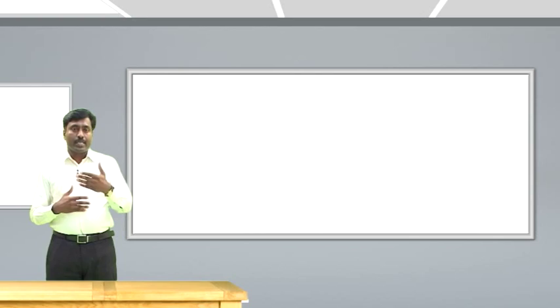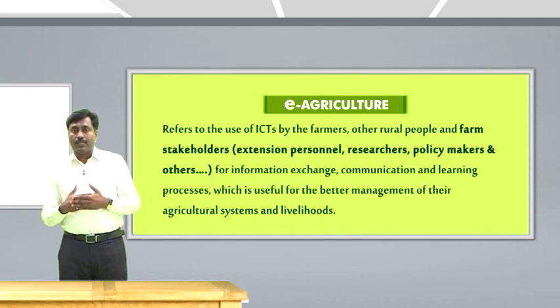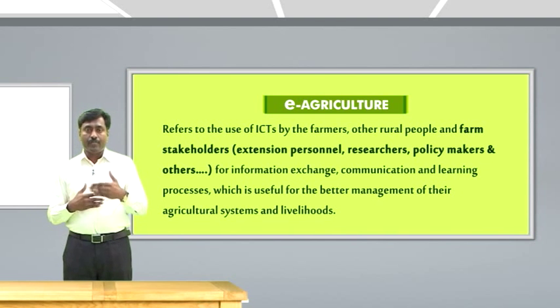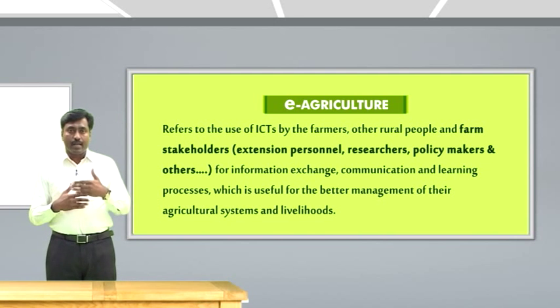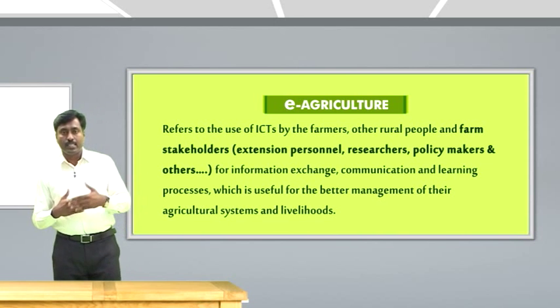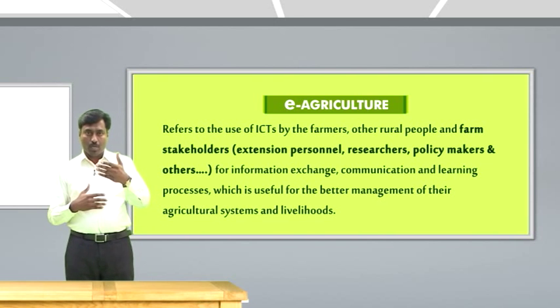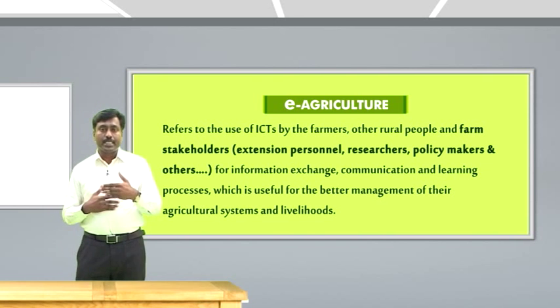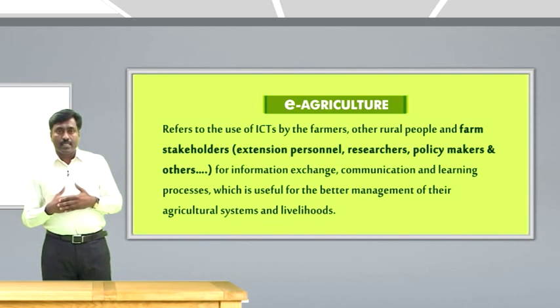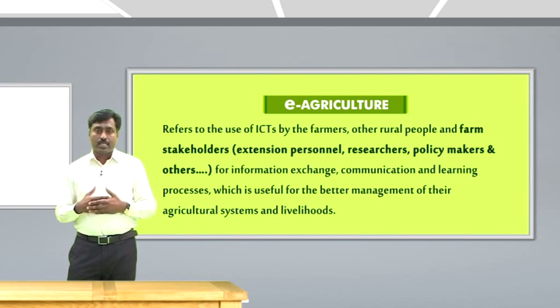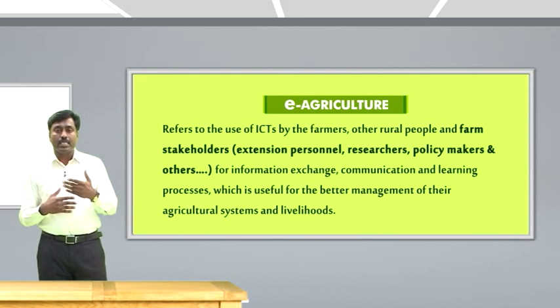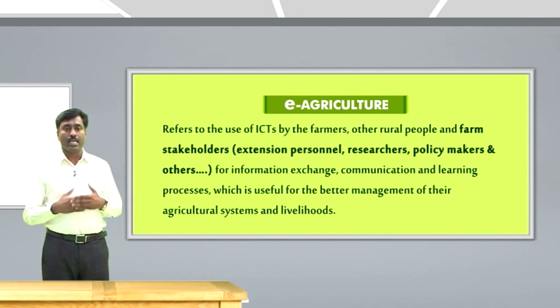Another important topic, debated nowadays the world over and expected by everybody to bring a revolution in agriculture, is e-agriculture. E-agriculture refers to the use of information and communication technologies by the farmers, other rural people and other farm stakeholders such as extension personnel, researchers, policy makers, market middlemen or processors, etc., for information exchange, communication and learning, which is useful for the better management of their agriculture systems and livelihoods.